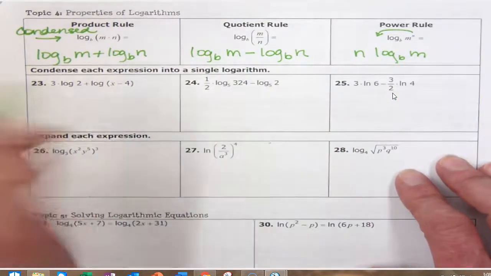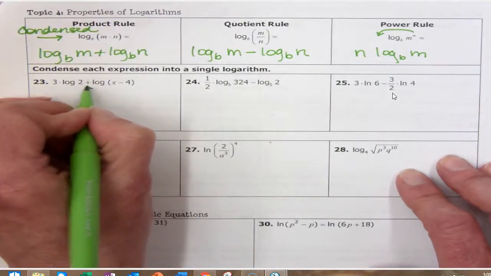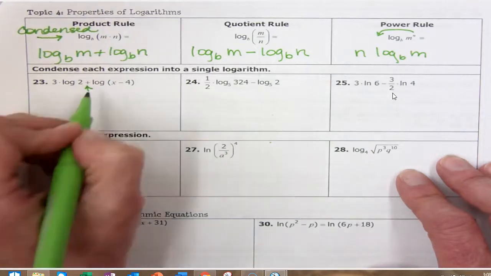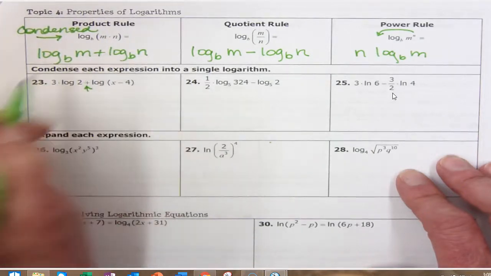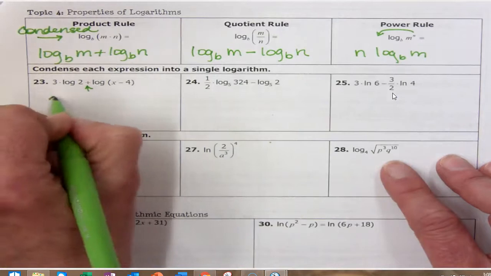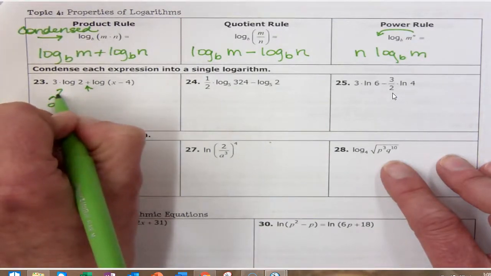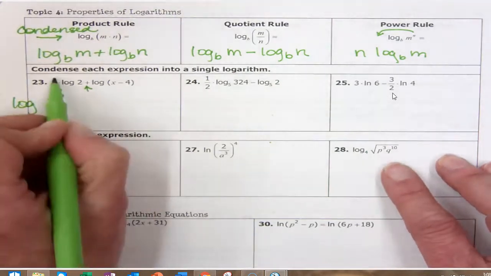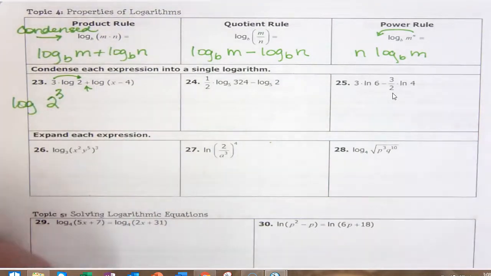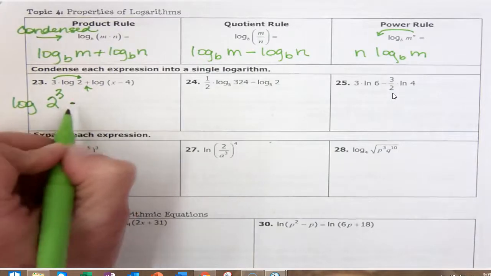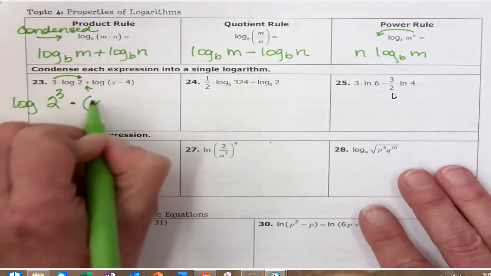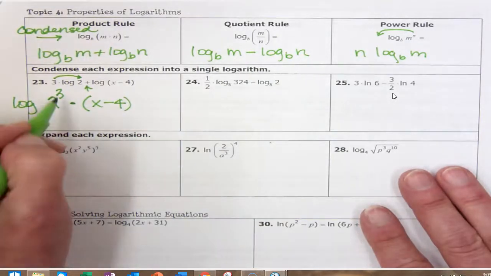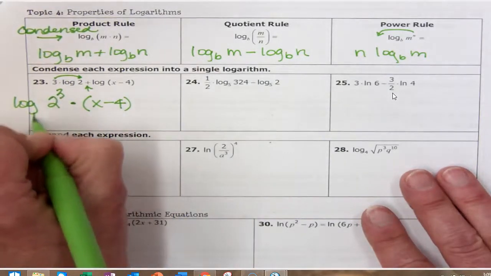Okay, so here we are adding, so we're going to use the product rule. This is going to be log of 2 to the third power, sorry, I've moved this to there, times x minus 4. Well, 2 to the third power is 8.